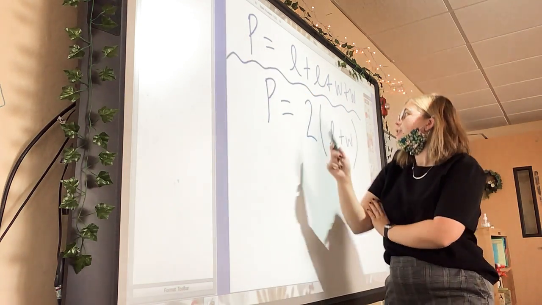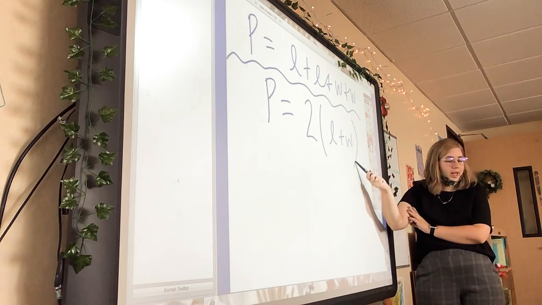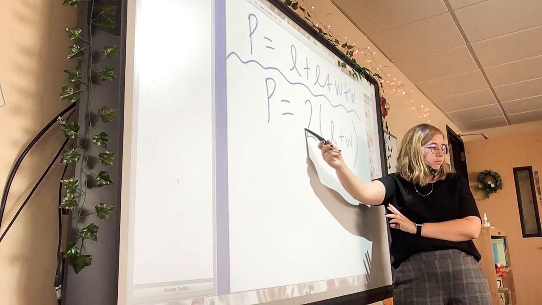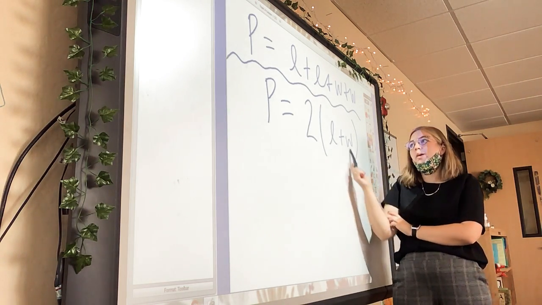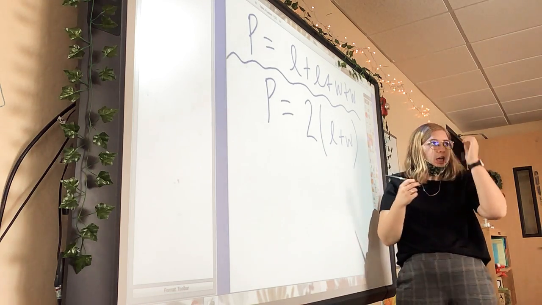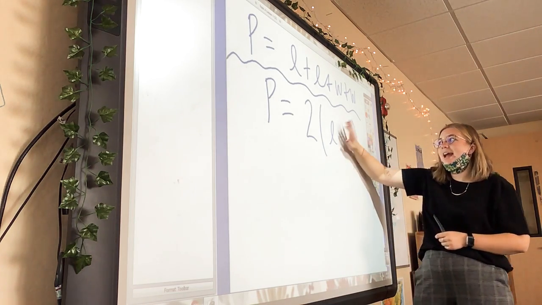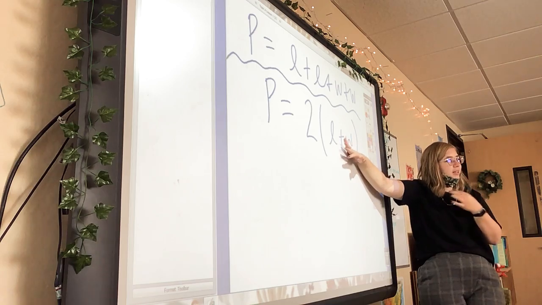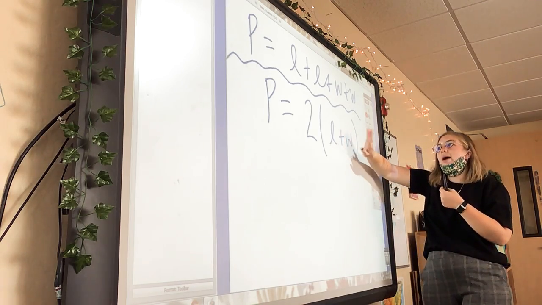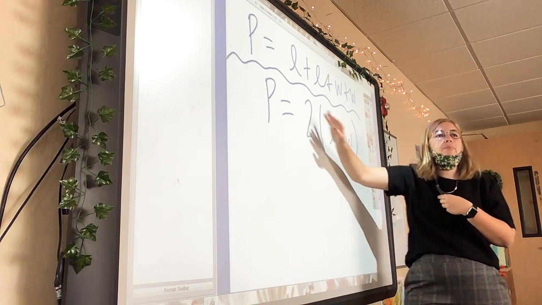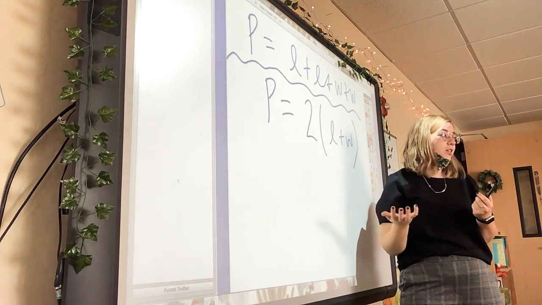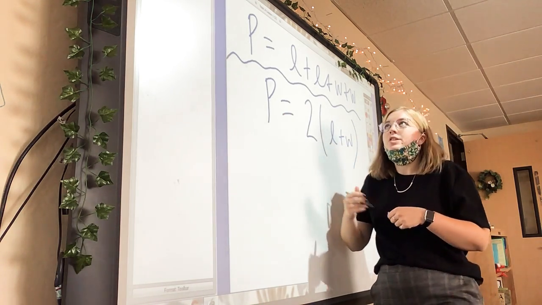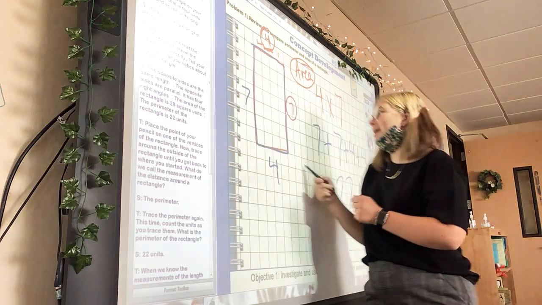It's saying length plus width 2 times, showing the distributive property. Whatever is in the parentheses we do first, so add length plus width, and then multiply it by 2, and that will still get you the same answer. I'm going to show you that on this same example.